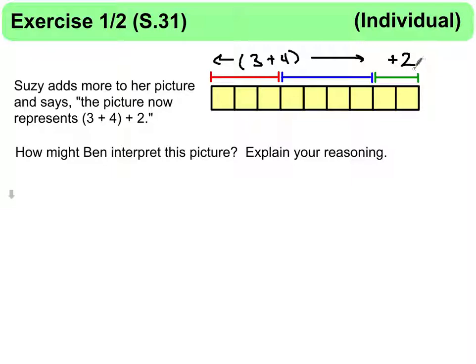How might Ben interpret this picture? The students will have a chance to think about it and explain their reasoning. Ben may consider that it is 2 plus 4 plus 3, from his perspective of what he sees.